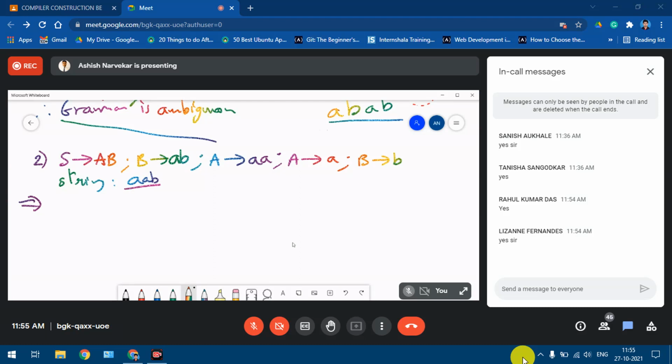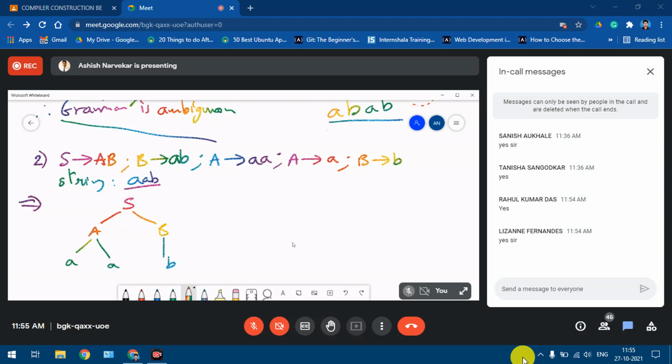Let's start with S derives AB. Then look at a production which will give us AAB. So A derives AA and B derives single b. So we can expand this as AA and this derives b.